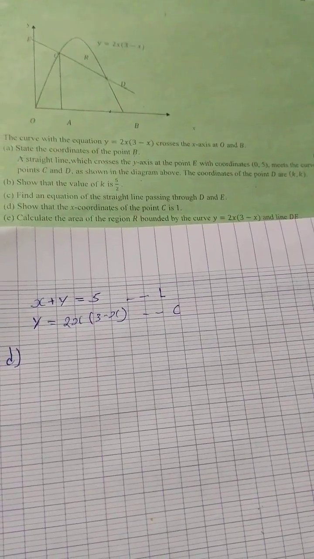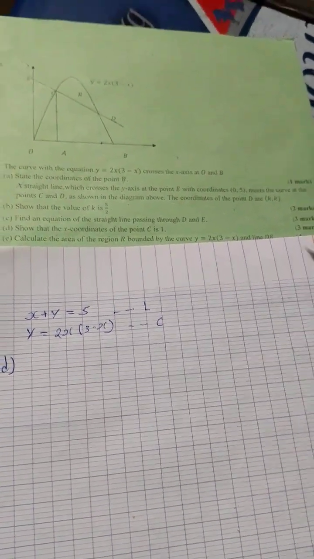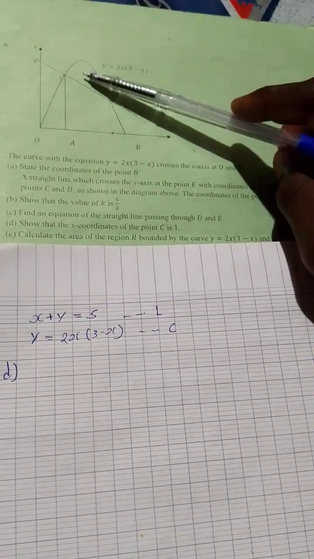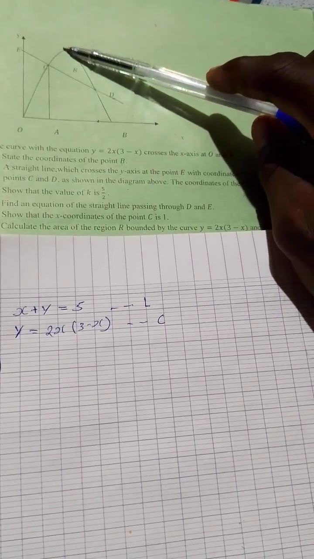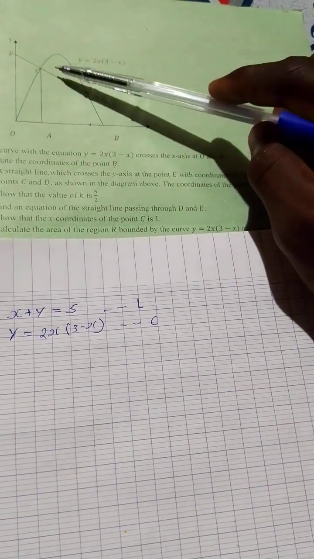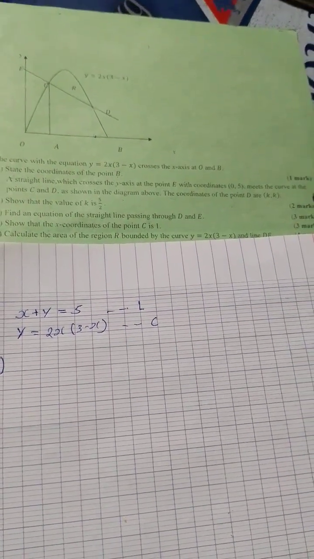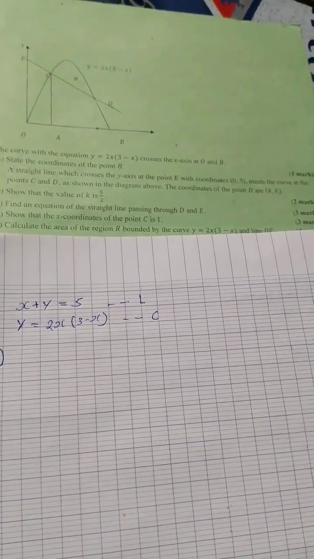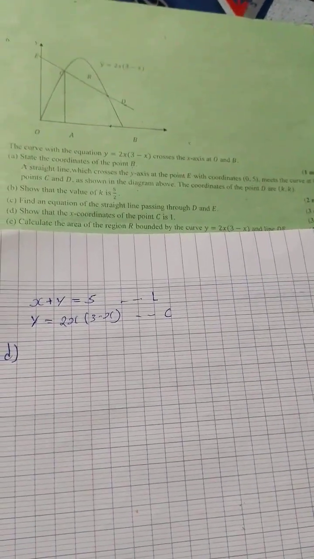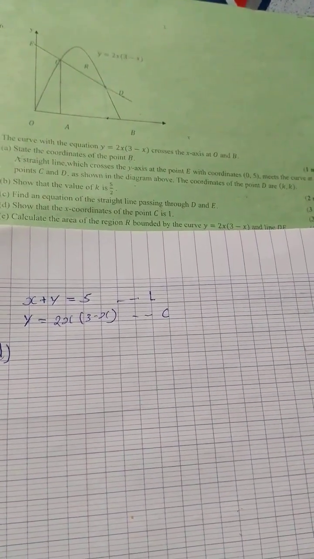For us to show that, as I earlier said, it's either we see the y coordinate of the curve equals the y coordinate of the line, or the x coordinate of the curve equals the x coordinate of the line. But since we are asked to show that the x coordinate of the point C is 1, that means we are trying to eliminate y.